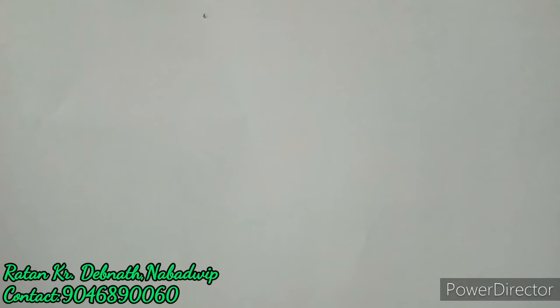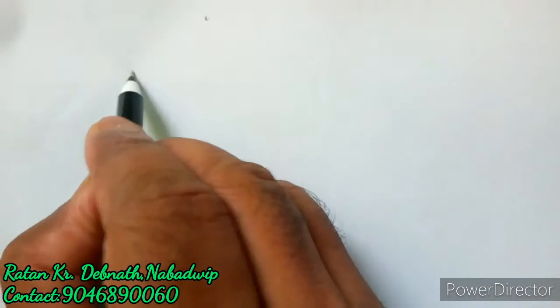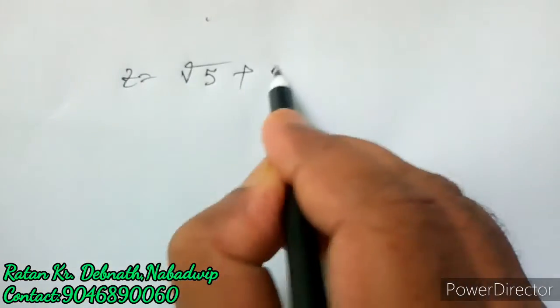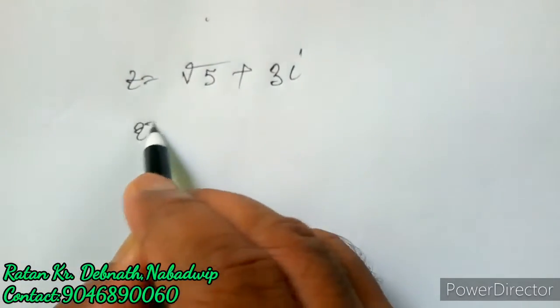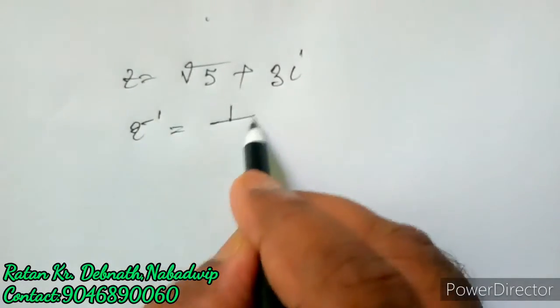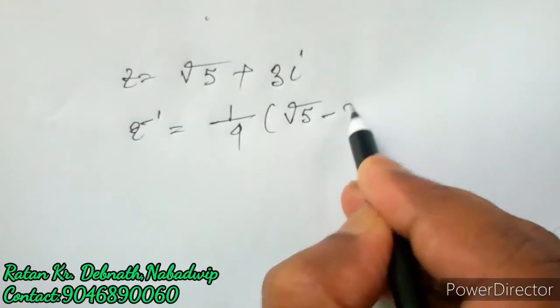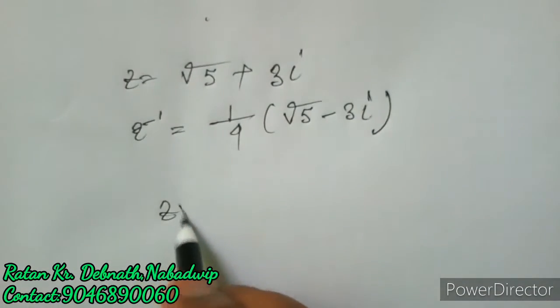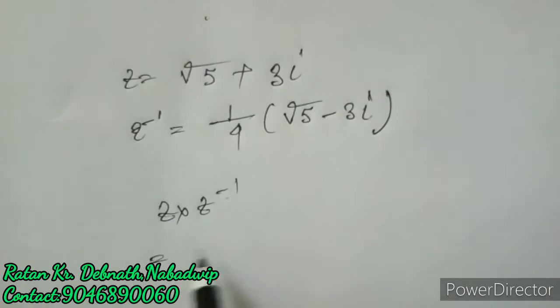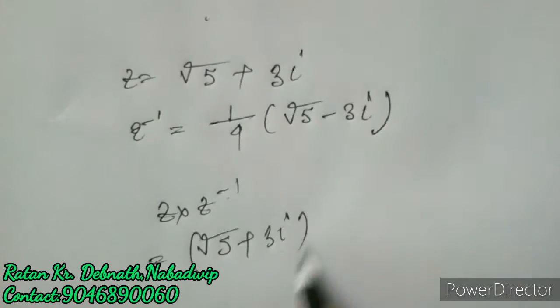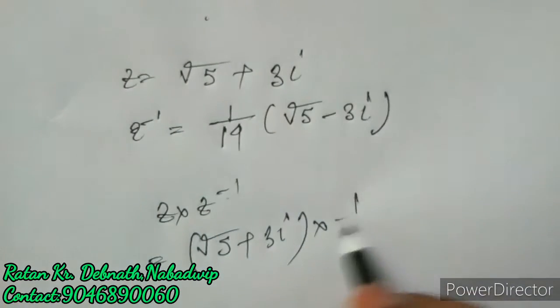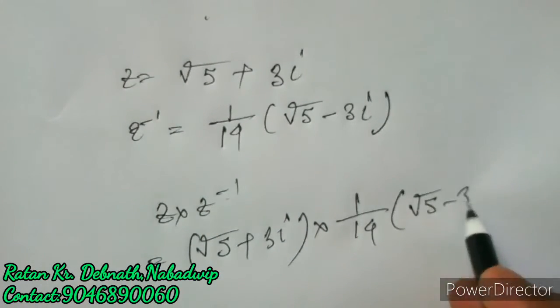We already got the multiplicative inverse of the complex number, but in order to show whether their product is 1 or not, I am showing you this. Now z equals root 5 plus 3i, and z inverse we got is 1 by 14 into root 5 minus 3i. Now z into z inverse equals root 5 plus 3i into 1 by 14, root 5 minus 3i.